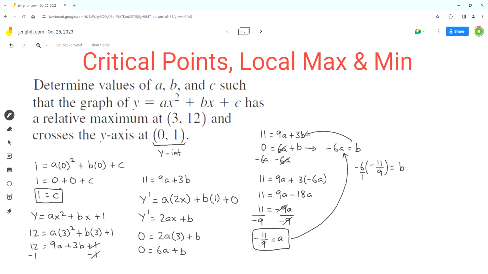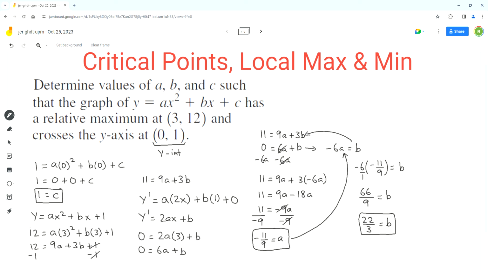So negative 6 times negative 11 is 66, and 1 times 9 is 9, is equal to b. And now we can reduce this fraction by dividing both the numerator and the denominator by 3. So we get 22 over 3. So this is the final answer.